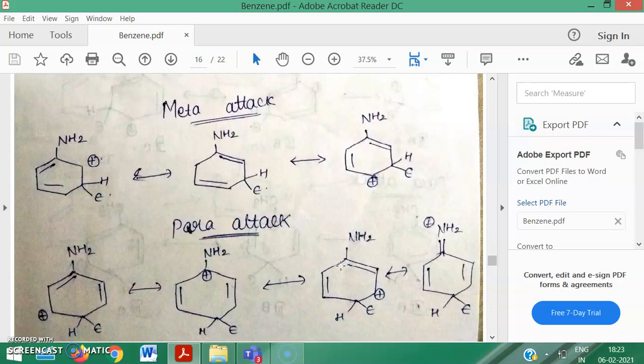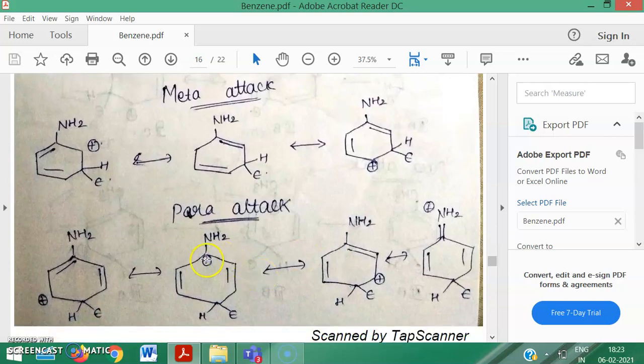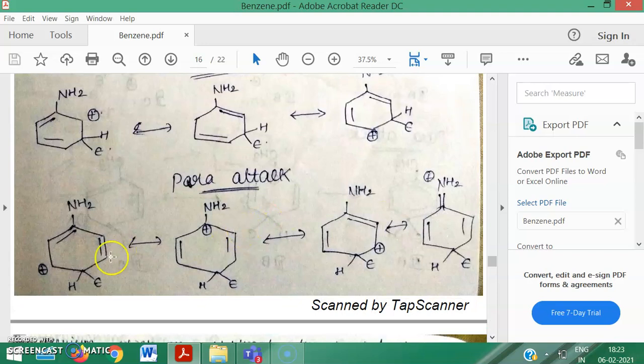Whereas in the para attack, similarly, the positive charge present on the carbon is directly attached to the NH2, so this positive charge can be taken by the nitrogen by donating resonance electrons, and the resonance effect can be shown. So that's why four resonance hybrid structures are formed.